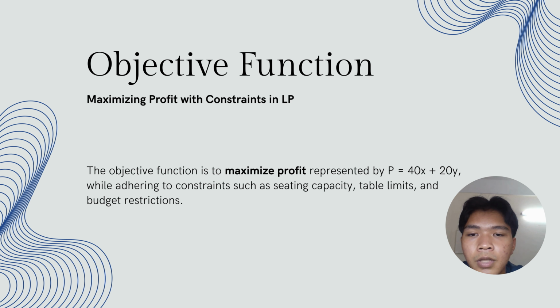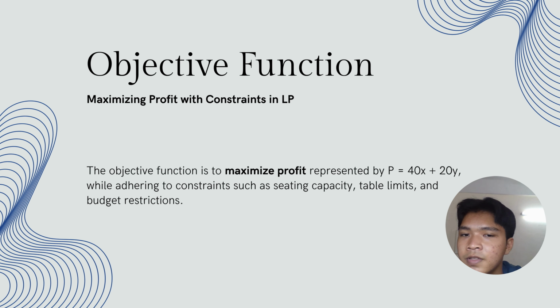The main goal of this model is to maximize the profit. The profit function can be written as P equals 40x plus 20y, where 40 and 20 are the profits from set A and set B, respectively. But of course, we cannot just choose unlimited tables.